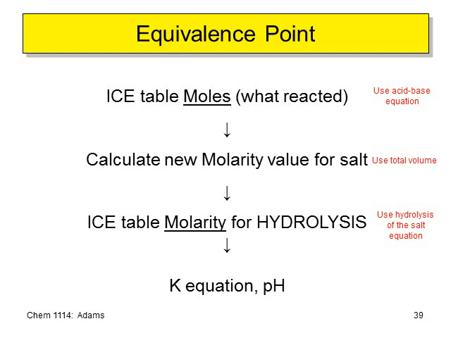And we're going to use the same 4-step methodology to calculate the pH. Ice table using moles to determine what reacted, using the acid-base equation. Calculate a new molarity for the salt with the total volume. Use the salt hydrolysis equation and set up an ice table based on these new molarity values. Use your K and get a pH.